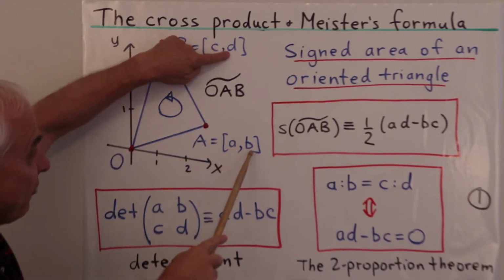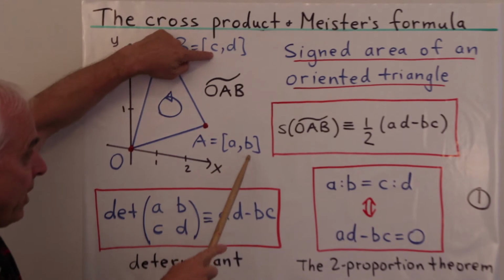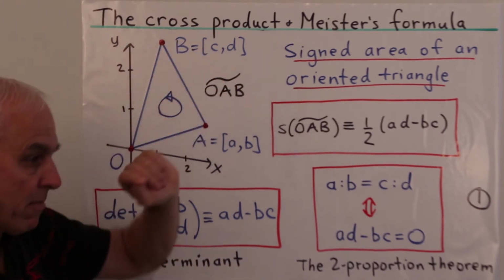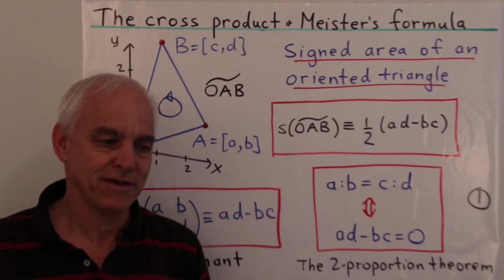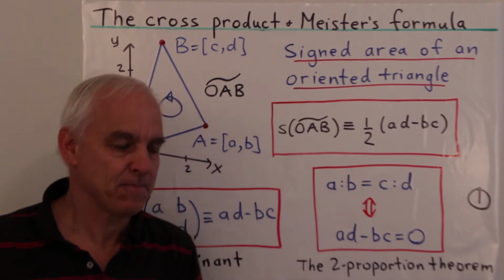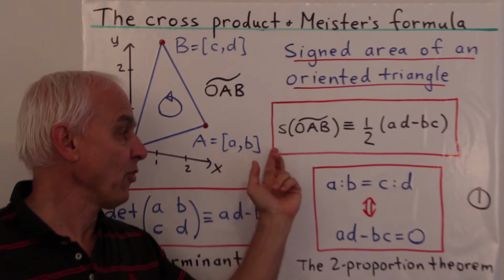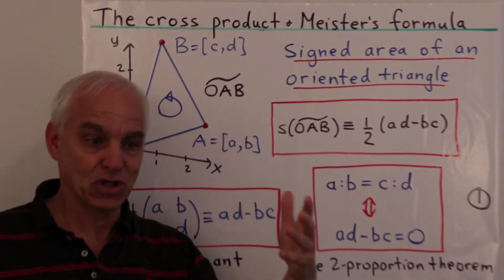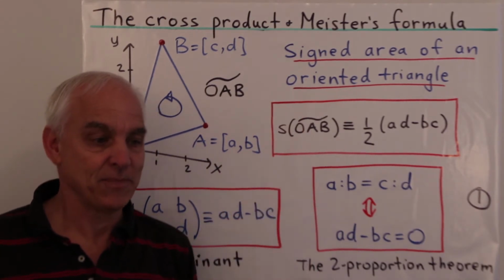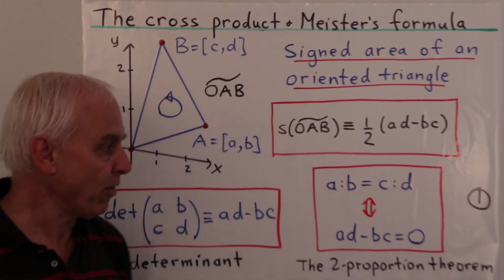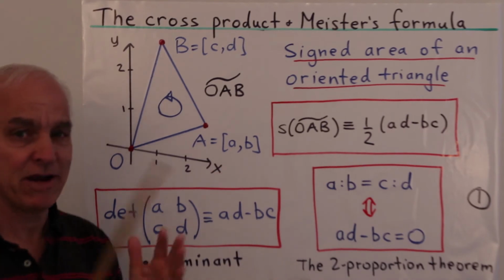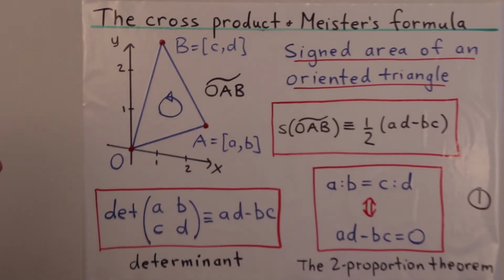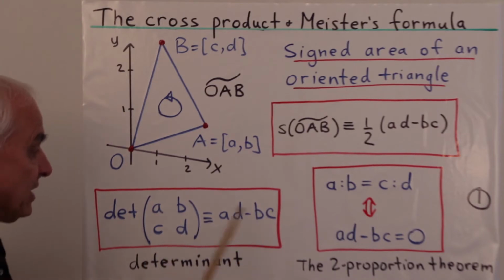AD minus BC. And we denoted that signed area by a little s, which naturally goes with the idea of signed area. And it's actually also in line with the German s, which originally motivated Leibniz's introduction of the integral symbol. Okay, this quantity AD minus BC is very important in mathematics, and I hope that you all know that the determinant of a 2x2 matrix is exactly AD minus BC.